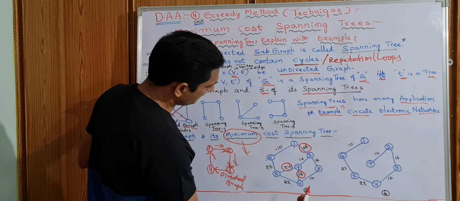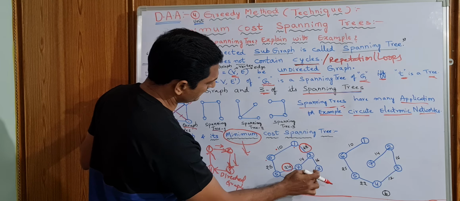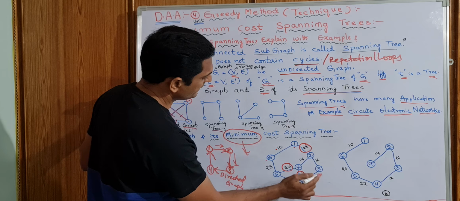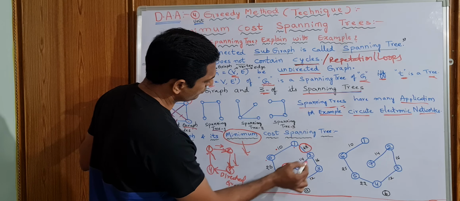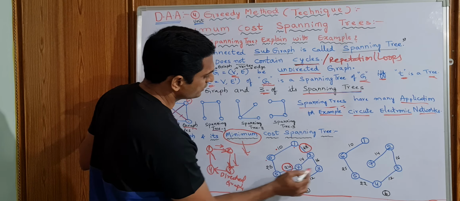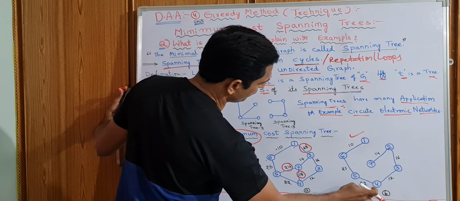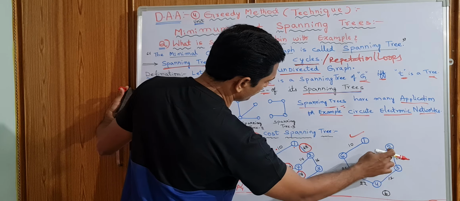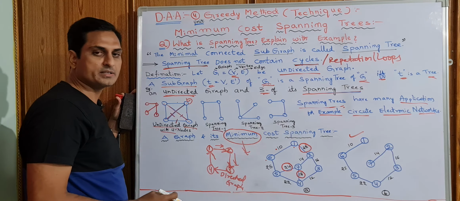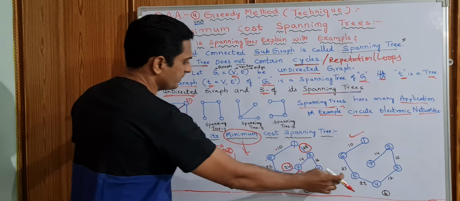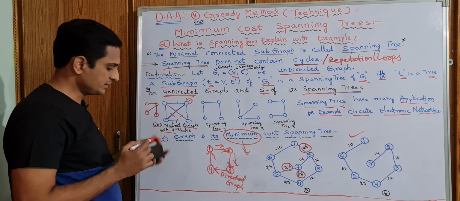Again from 4 you can go to 3, as 12 is the smaller one. From 3 there is no other direction except 2, and from 2 to 7. So this is the answer: 1 to 6, 6 to 5, 5 to 4, 4 to 3, 3 to 2, 2 to 7. There are no cycles and no repetitions, so this is called a minimum cost spanning tree.